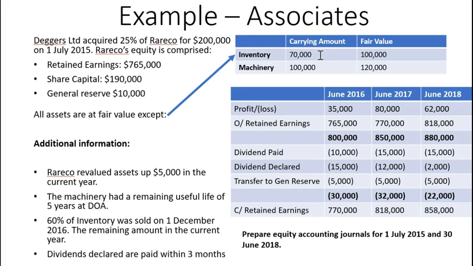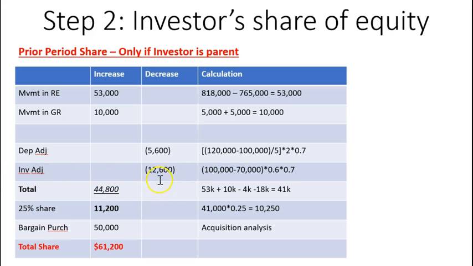But from our perspective, we want to use the $100,000 fair value as our cost base for our inventory when calculating COGS. So Rareco recognized $42,000. If we multiply 60% by 100,000, we would want to recognize $60,000 of COGS. So we want to recognize $18,000 more COGS than Rareco. So we want to recognize $18,000 more expenses.